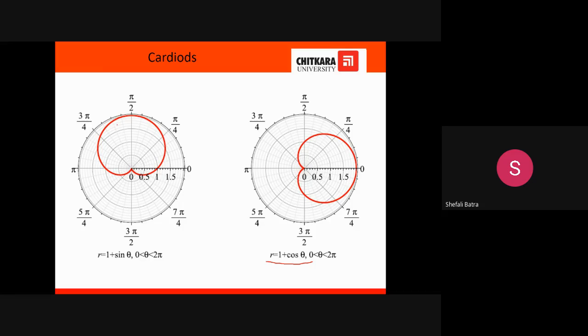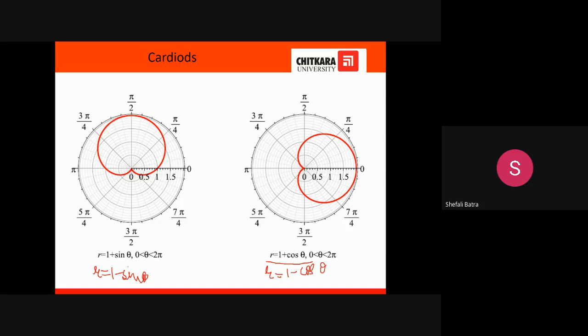You have 4 cardioids: r is equal to 1 plus sine theta, r is equal to 1 minus sine theta, r is equal to 1 plus cos theta, r is equal to 1 minus cos theta. These are 4 types of cardioids. You need to remember these shapes. Why?